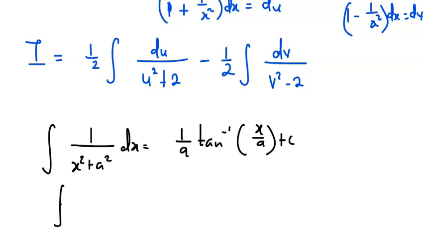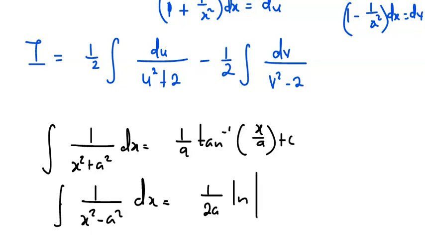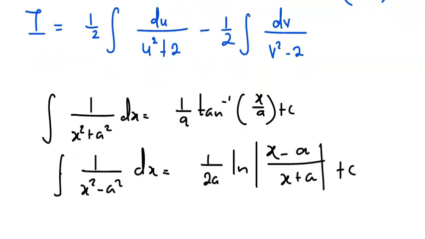And the integral of 1 over x squared minus a squared dx is equal to 1 over 2a multiplied by the natural log of x minus a divided by x plus a, plus c.